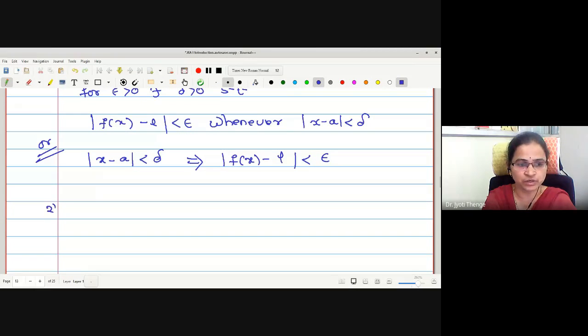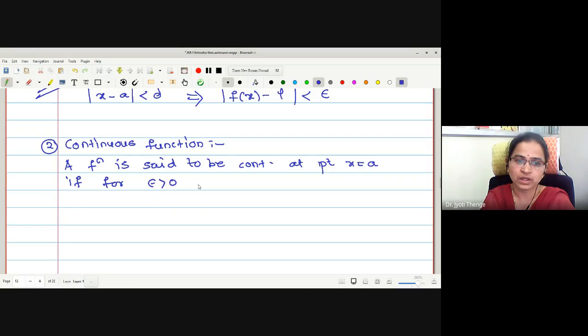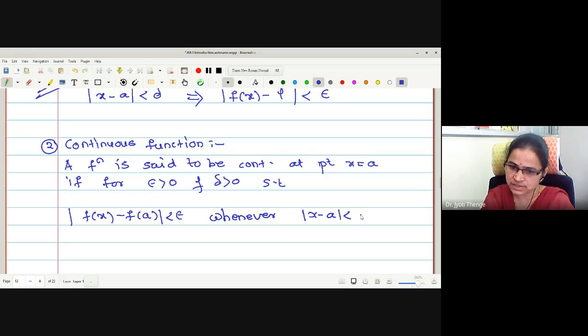When we say that the function is continuous, a real valued function is said to be continuous at point x equal to a if for every epsilon greater than 0, there exists delta greater than 0 such that mod of f of x minus f of a is less than epsilon whenever mod of x minus a is less than delta.